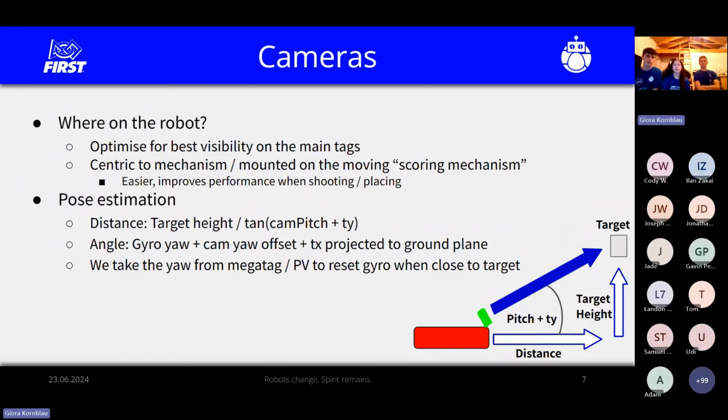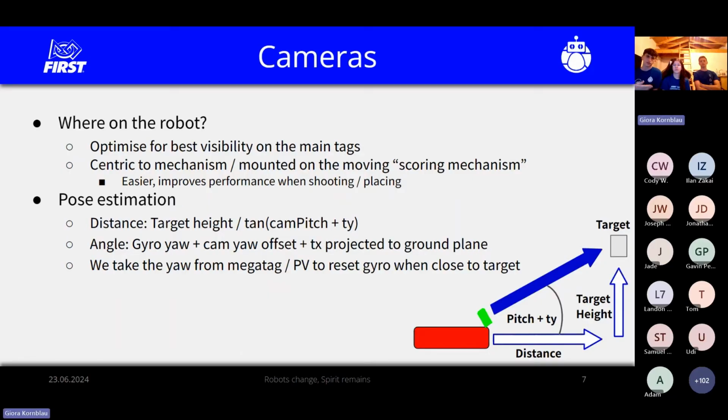Note that the tx is in the camera's plane, so it's a plane that's at the pitch angle from the ground plane, and when we get it, we want to add it to a yaw from the gyro, which is on the ground plane. So we will project the tx onto the ground plane, which will increase it, and then add it to the gyro's yaw and camera yaw offset.